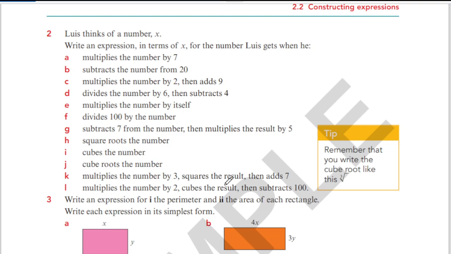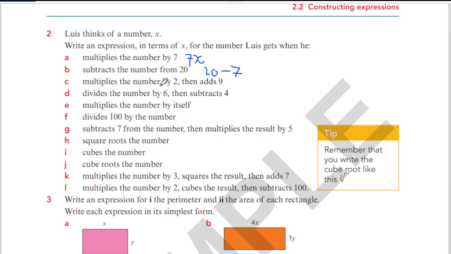We have to write an expression in terms of x for the number Louis gets when he multiplies the number by 7, so it will be 7x. Then subtract the number from 20. He has to subtract the number from 20, so it will be 20 minus 7x.